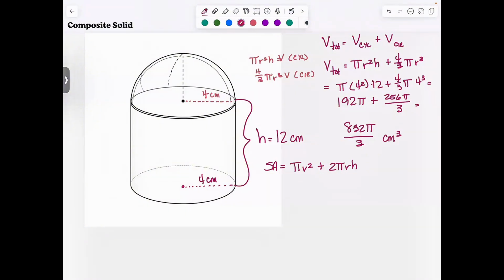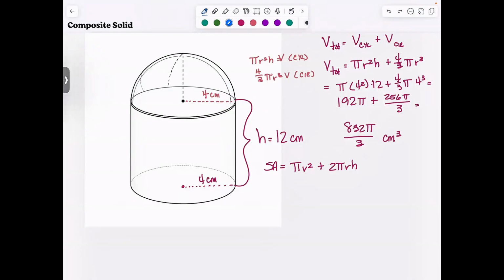But if we chop it in half, it's not going to include the surface area of that half circle, so we'd have to add in that 2 over here. Actually, no, we don't, because again, it's surface area. Never mind. Sorry about that.